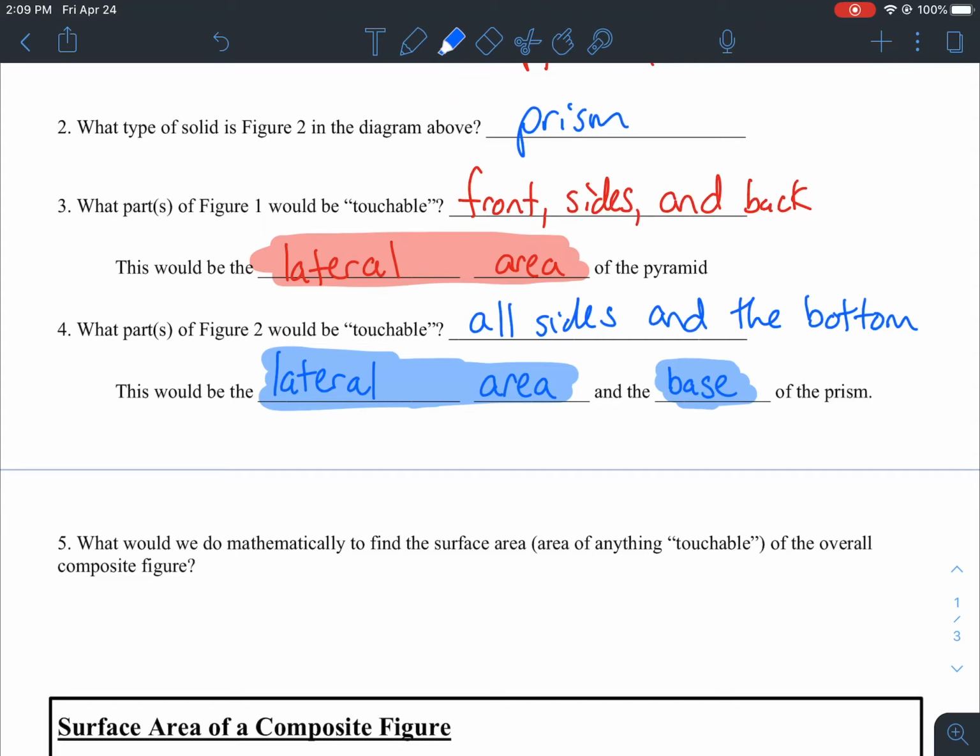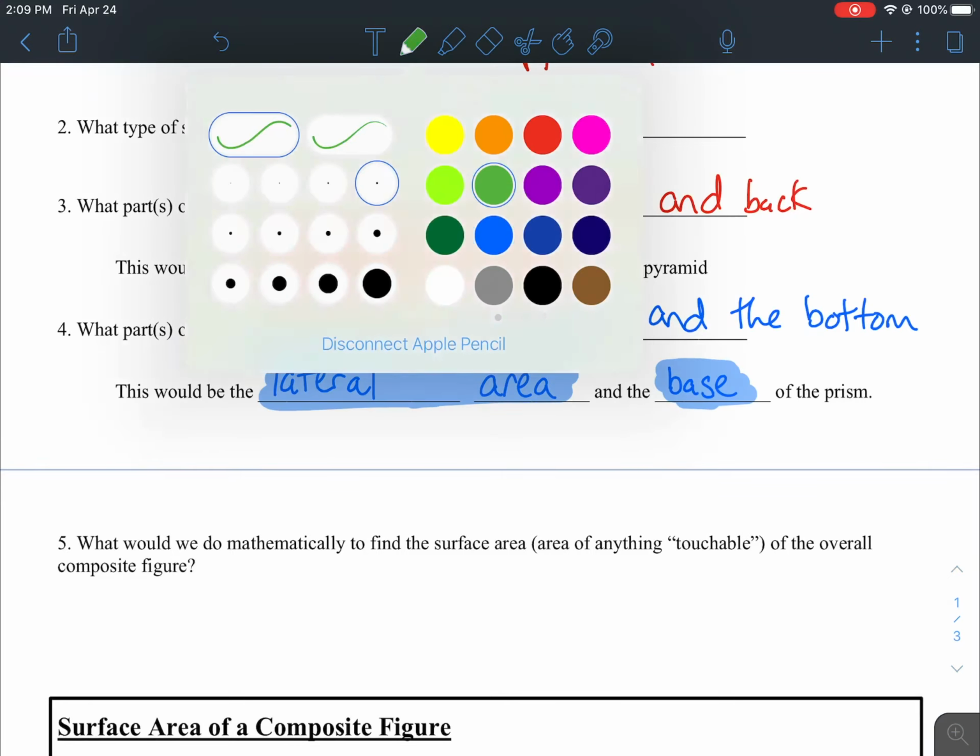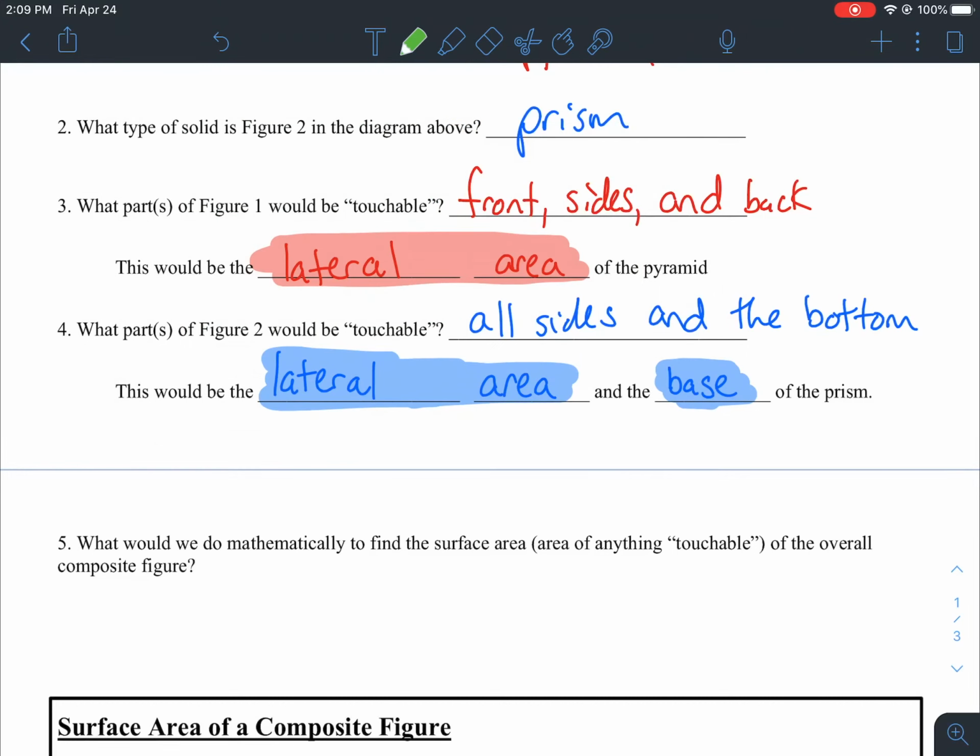So what question 5 wants to know is, what would we do mathematically if we wanted to find the surface area, or in other words, the area of anything that was touchable to the overall composite figure? Well, if I wanted to know how much area was touchable on that house, I would take the lateral area of the pyramid, and I would add the lateral area of the prism, and that would get me all of the sides.